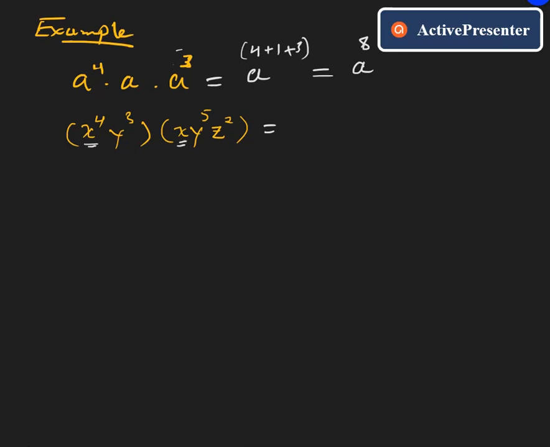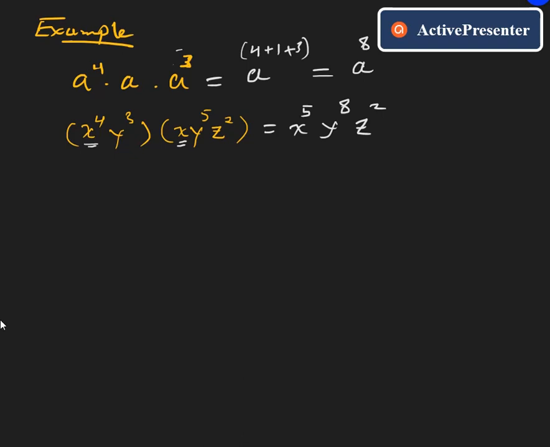We can say x to the power 4 plus 1, so it should be 5, and we can gather y's together, so it should be y to the power 8, and z, there is nothing to combine with, so it will remain the same, z to the power 2. Okay.